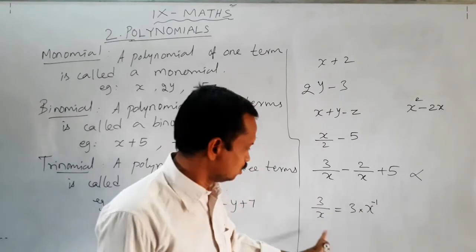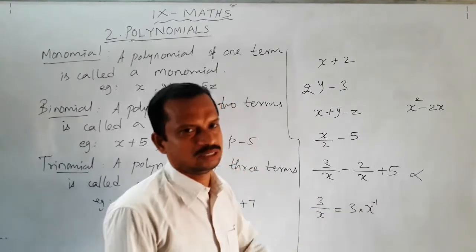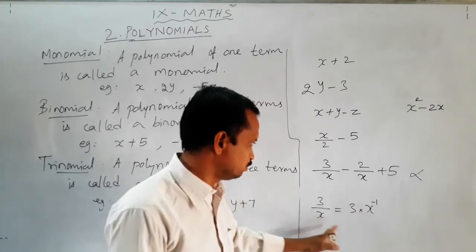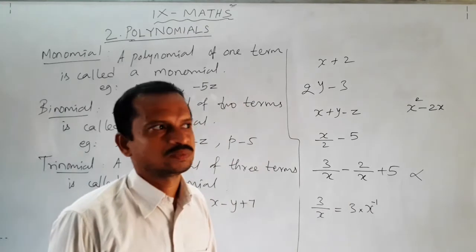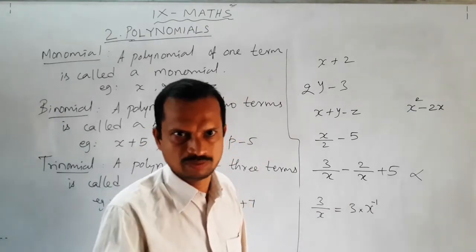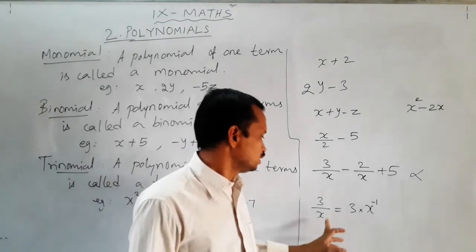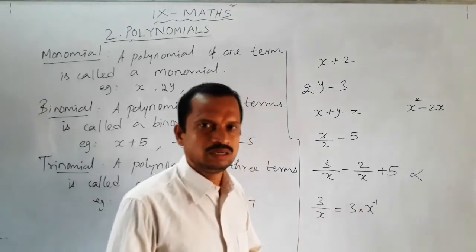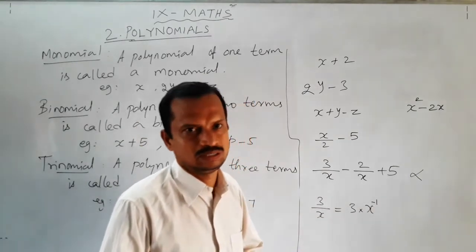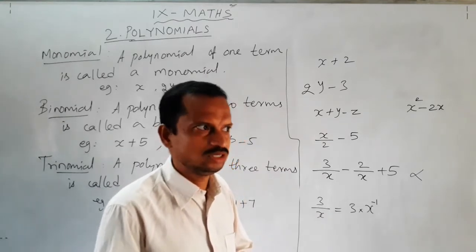The variable x is in the denominator; if you take it to the numerator, then the positive exponent becomes a negative exponent. That we have read in the laws of exponents in the previous class. We have discussed that. Clear? So we can write this as 3 into x power minus 1, so the negative exponent is there for the variable x. So it is not a whole number.